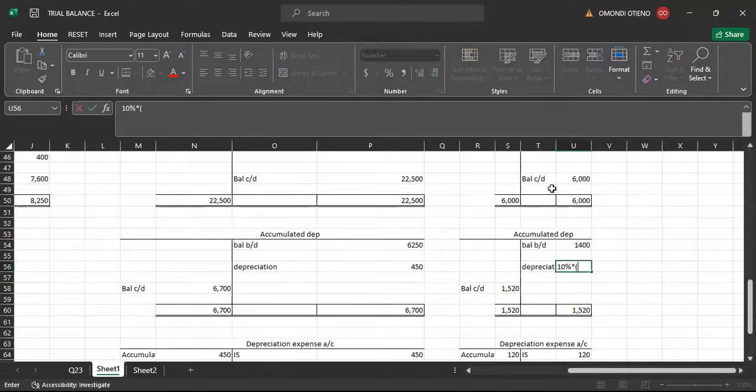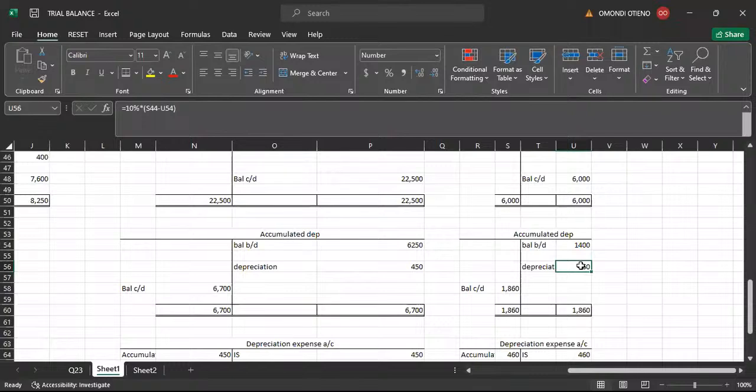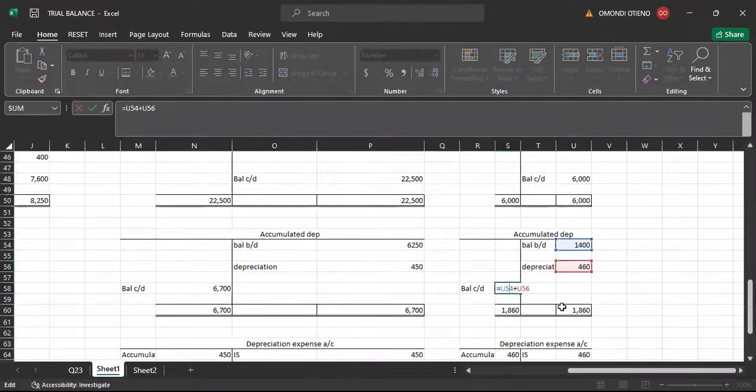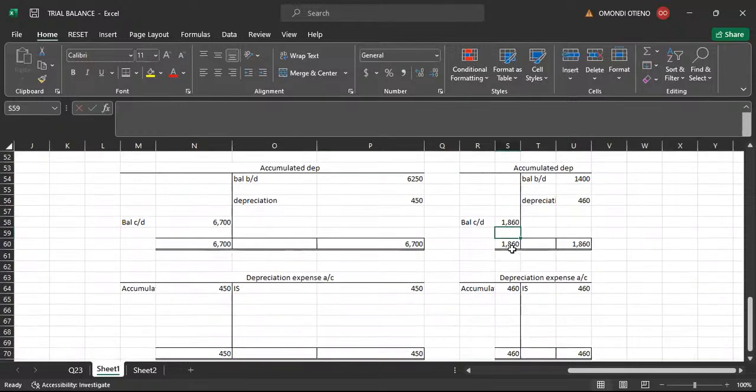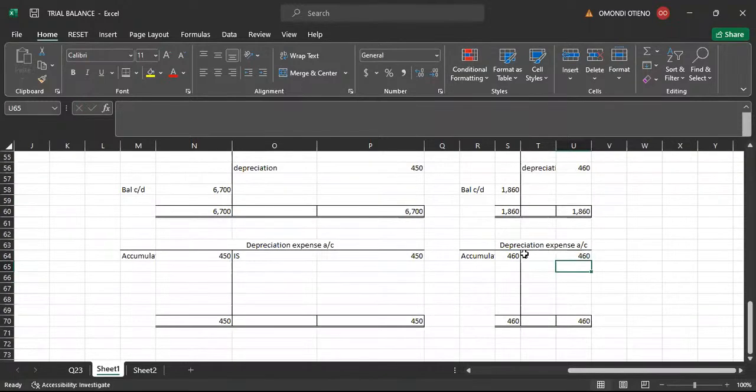Net book value will be the balance brought down at the beginning of the year minus the accumulated depreciation at the beginning of the year. So if I do that, I'll be able to get the depreciation expense of this value. Balance carried down is now the balancing figure there. Then I get my value. Depreciation expense will be this 460, which I will be taking to income statement.